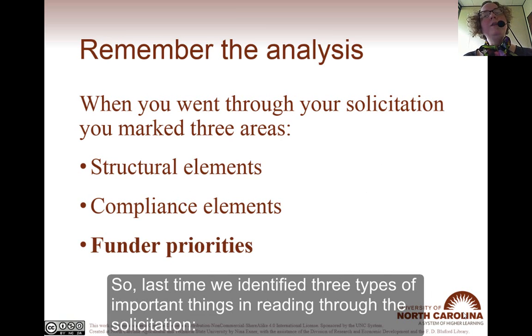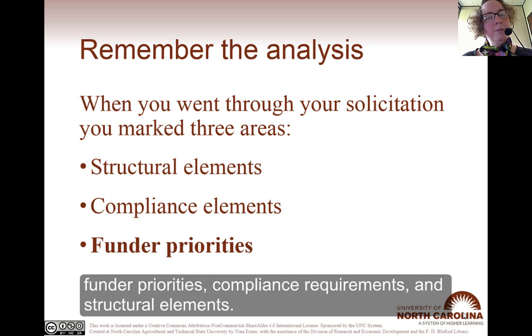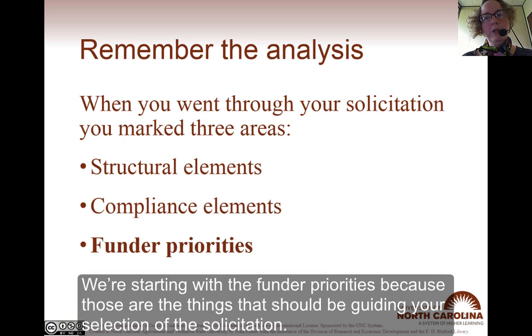So, last time, we identified 3 types of important things in reading through the solicitation: funder priorities, compliance requirements, and structural elements. We're starting with the funder priorities because those are the things that should be guiding your selection of the solicitation.